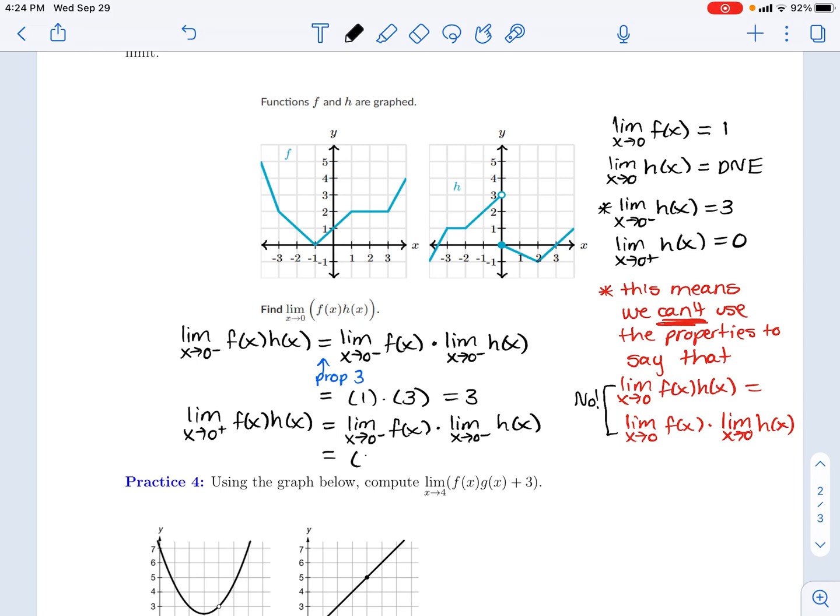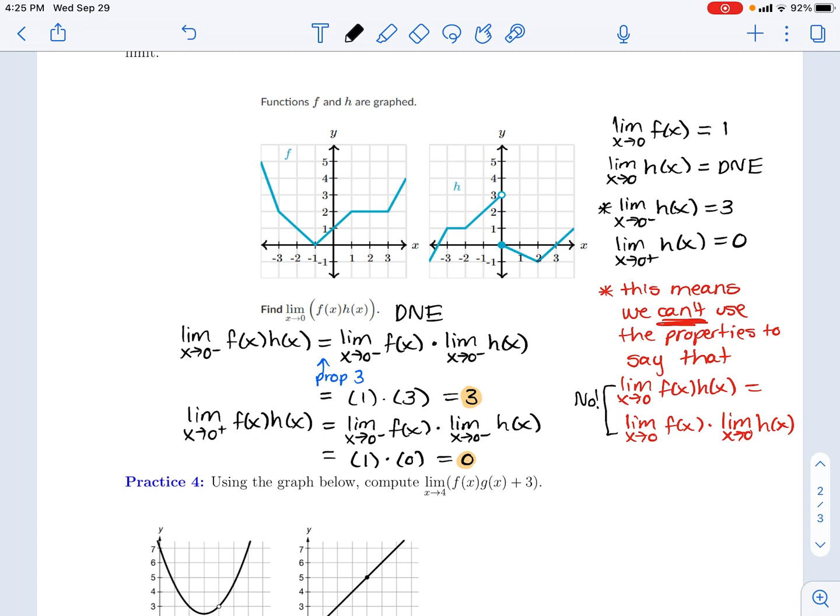And so now this will give me 1 times 0, which is 0. So now looking at the left-handed and the right-handed limits, do they match? No, they do not. So overall we know that the limit as x approaches 0 of f of x times h of x does not exist.